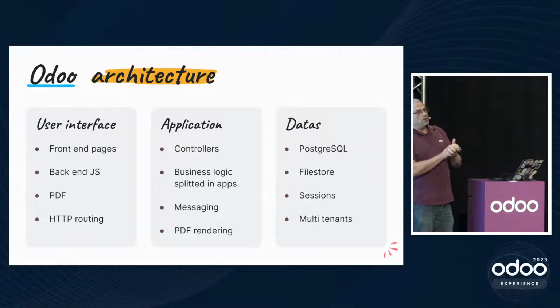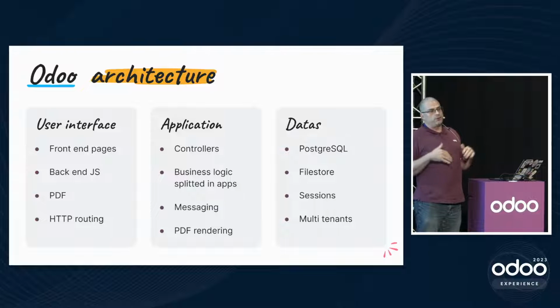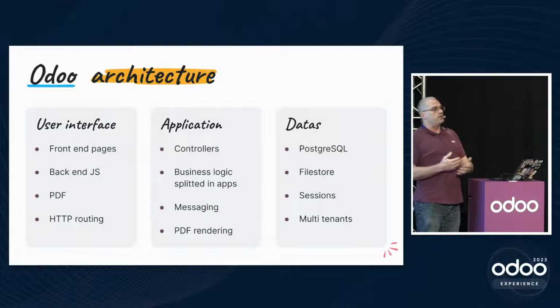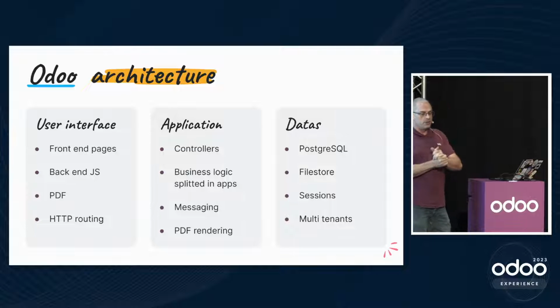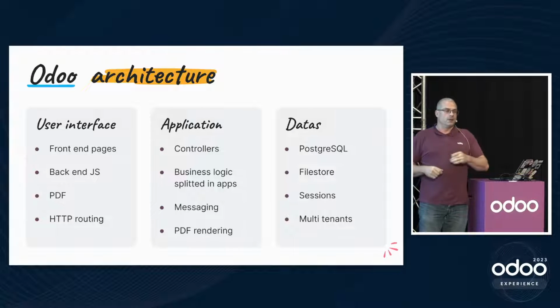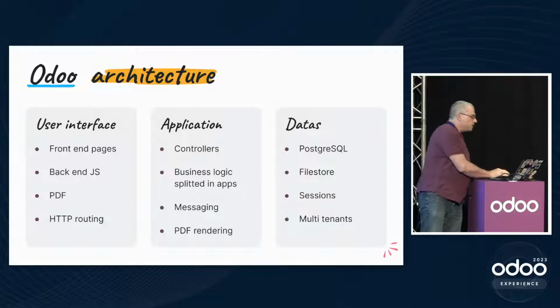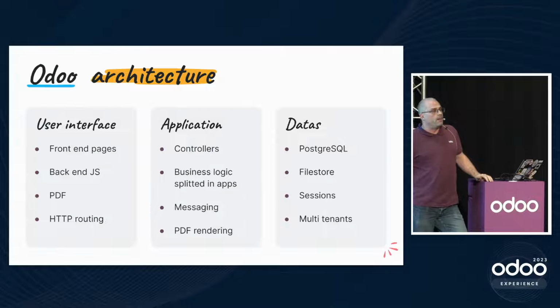This is the way Odoo is built. Odoo is built with mainly 3 layers. You have the layer that the end user has on his own laptop. It's built with the front-end pages, the CSS, the JavaScript, and so on. Besides that, you have the application. The application is made with controllers. The application has all the business logic implemented in Python on the Python server.